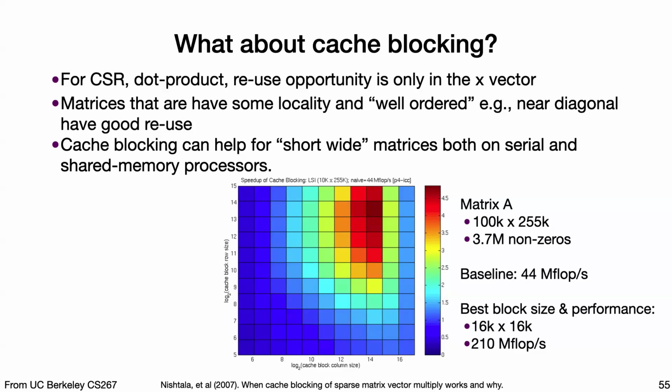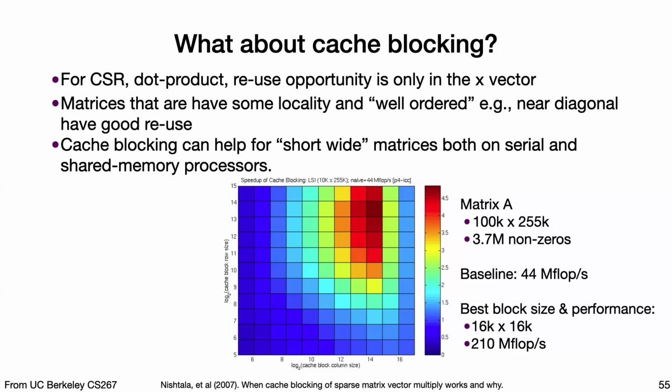And so the amount of reuse, or which part of the data you have reuse in, depends on the algorithm or the problem. So for sparse matrix vector, there's no reuse in the matrix. We touch every non-zero once. But there is reuse in the vectors, both x and y, the input and the output. Because you may touch the same value in the input vector x many times.